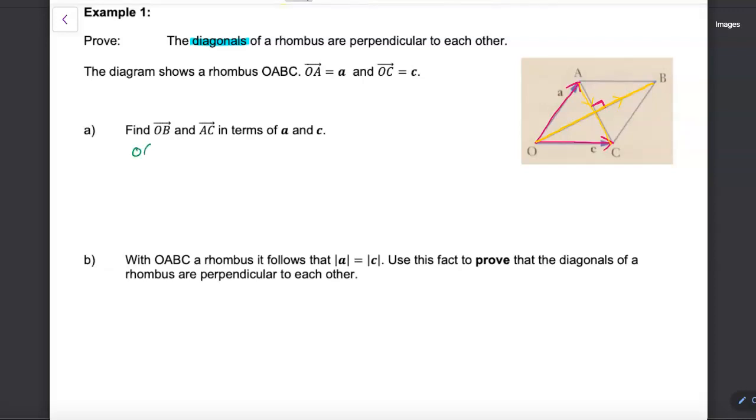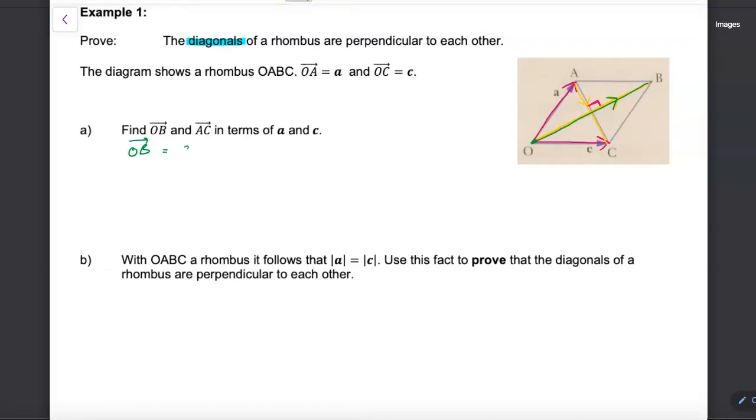We can say OB is equivalent to moving from point O to point B, so we're going to do vector A plus vector C, or we could do vector C plus vector A. If we go from OA to AB, AB is equivalent to OC because we know in a rhombus opposite sides are equal.